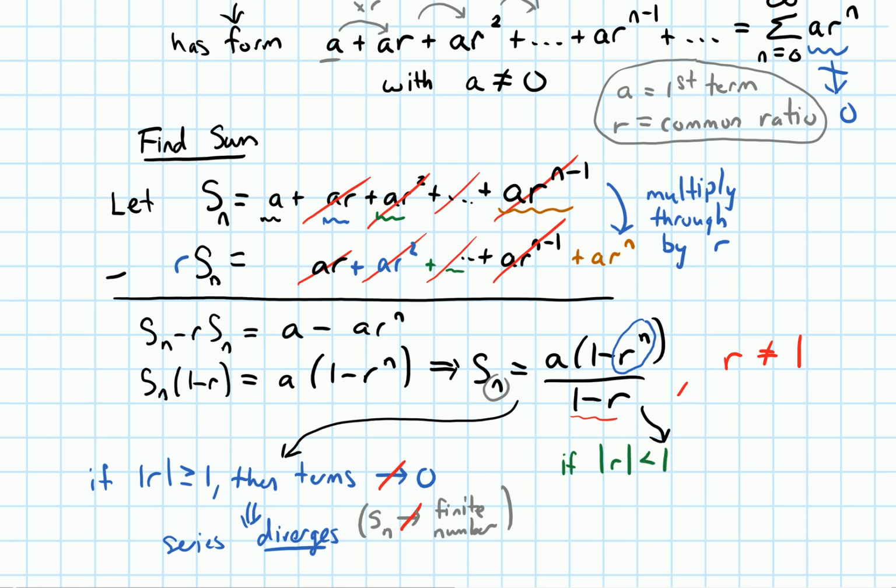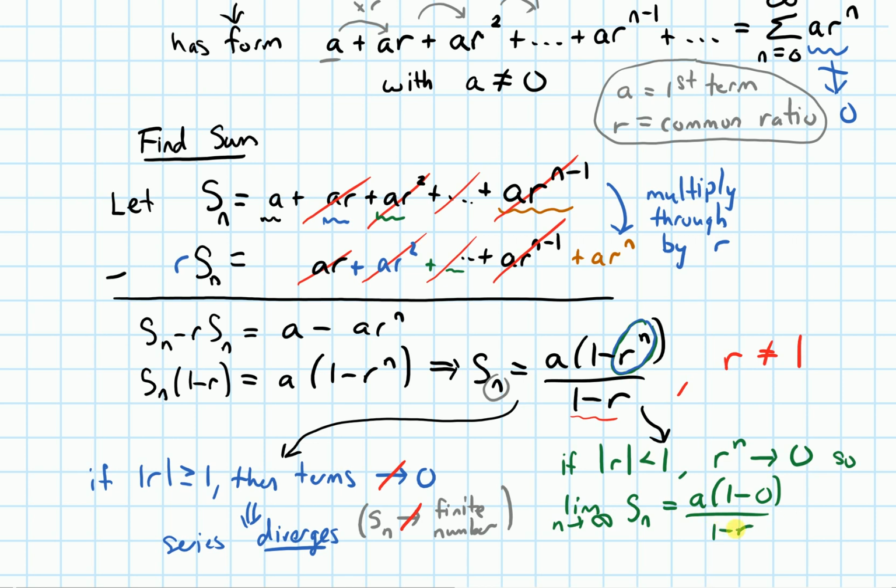So if the absolute value of r is actually less than 1, then this r to the n term here is going to approach 0. Its limit is going to be 0. So the limit as n goes to infinity of S sub n is going to be, we end up with a times 1 minus, the r to the n is approaching 0, so 0, and then the denominator is going to be 1 minus r.